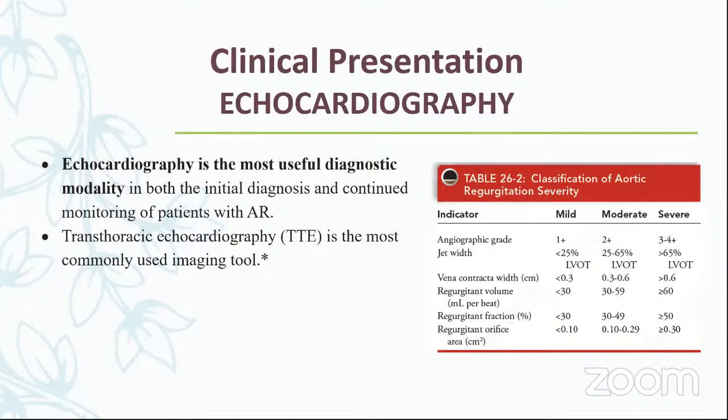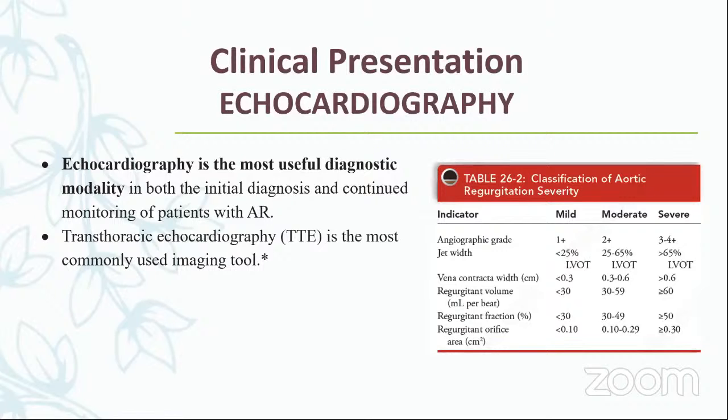We can assess the presence, severity, and etiology of the regurgitation, and also the size and function of the left ventricle. By echo, aortic regurgitation can be classified into mild, moderate, or severe, depending on the jet width, the vena contracta width, the regurgitant volume, the regurgitant fraction, and the regurgitant orifice area.